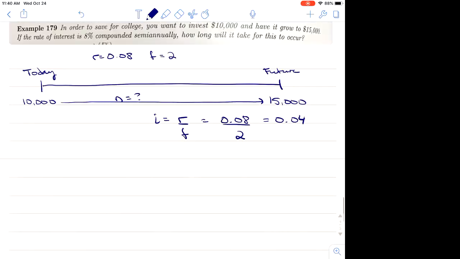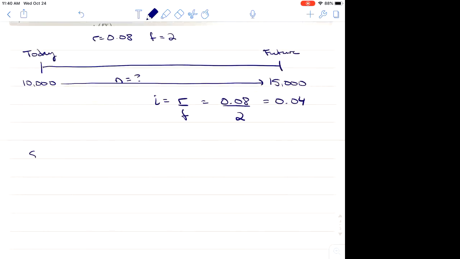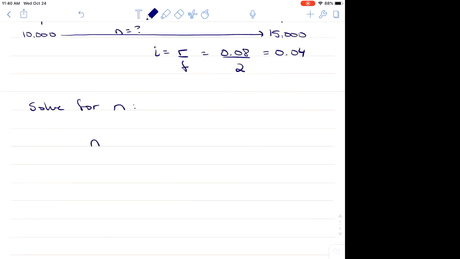Okay, so first thing we're going to do is solve for n. We can use our formula. n is the log of the future value over the present value, over the log of 1 plus i.